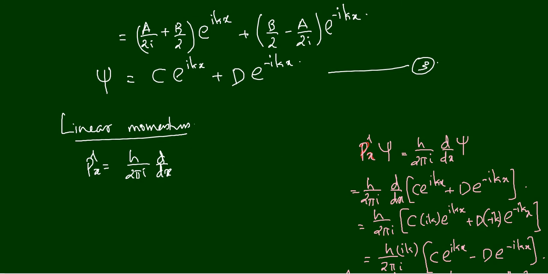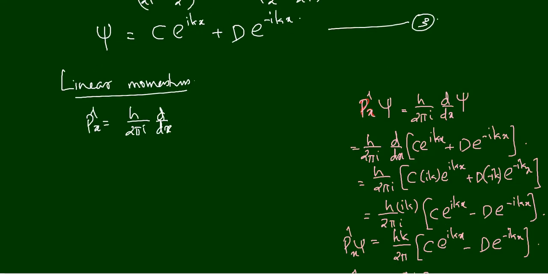So in order to get the linear momentum, we take only part of this psi function. For example, we can take c e raised to ikx. What will we get for the linear momentum when we take this eigenfunction of the linear momentum operator? Let us take this one. The linear momentum operator is here, and we take the function c e raised to ikx.